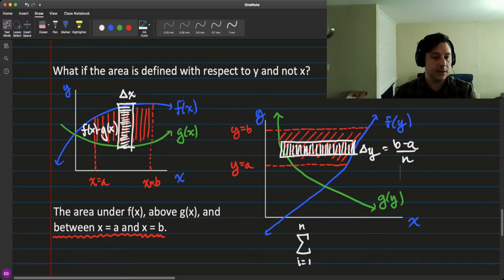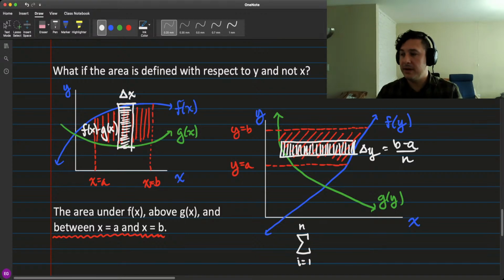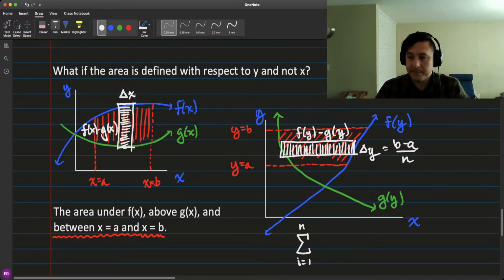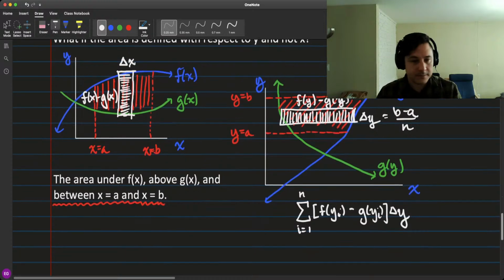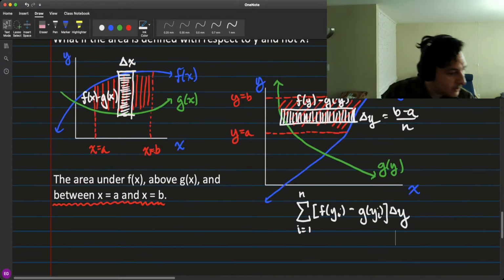Yes, the top is f of y. So your height is now f of y minus g of y. So what you're going to get is f of yi minus g of yi times delta y.